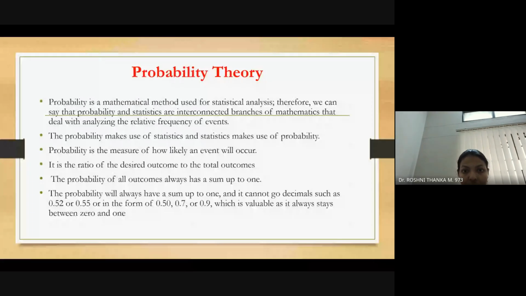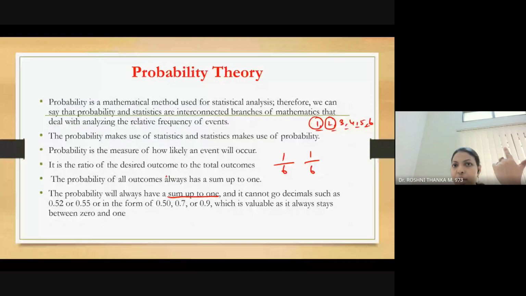The sum of the probability should be 1. For example, when I throw a dice, it has the values 1, 2, 3, 4, 5, 6, and each is an individual event. What is the probability of getting 1 in the dice? 1 divided by 6. And the probability of getting 2? 1 divided by 6. When I throw, there are 6 possibilities, out of which getting 2 is one particular event.